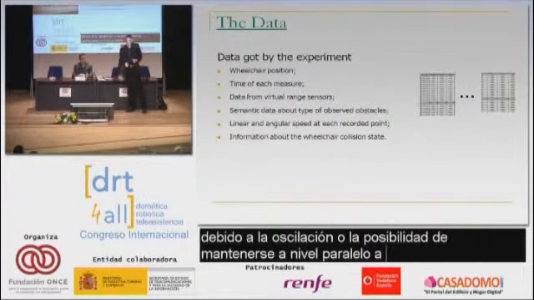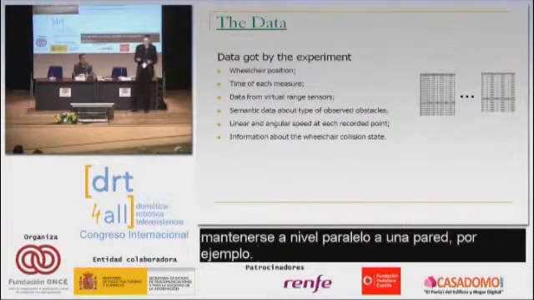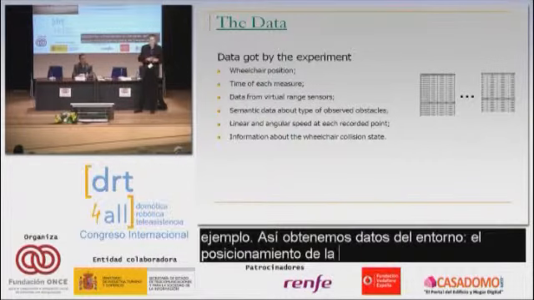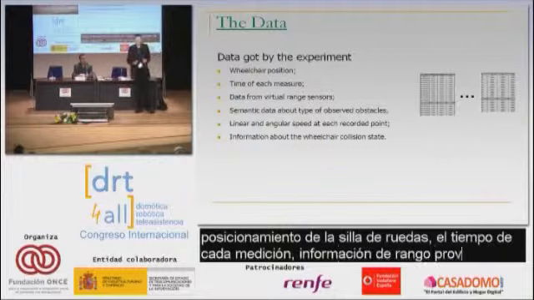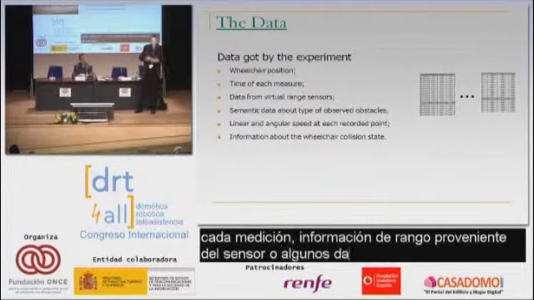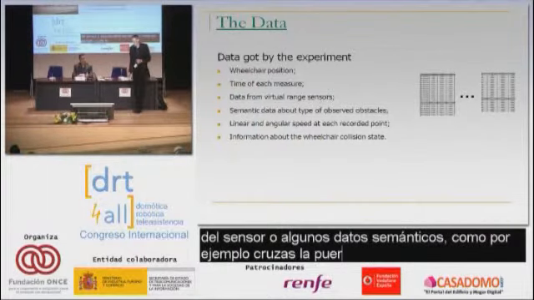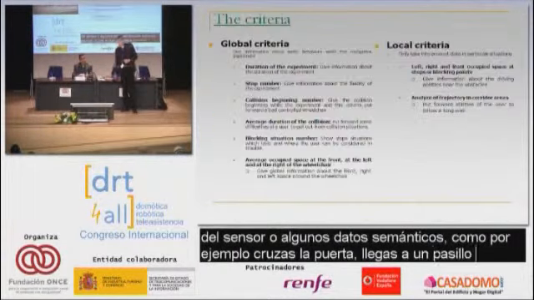And we get some data from the environment: the position of the wheelchair, the time of each measure, range information coming from the sensor, or some semantic data. For example, you cross the door, you are in a corridor, and so on. Some information coming from the environment.